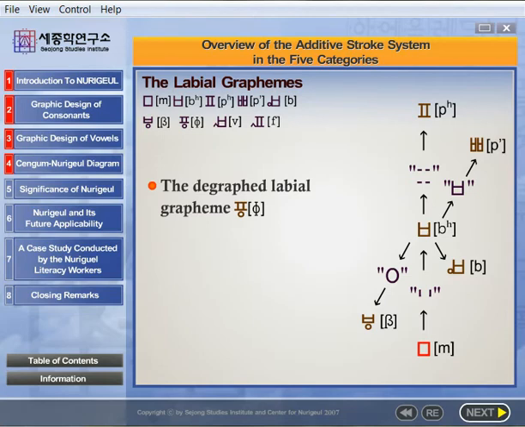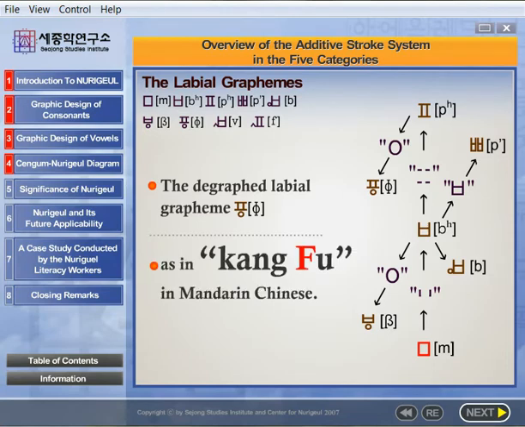The degraphed labial grapheme F is formed by adding the symbol of voiced sound below the harsh labial grapheme F, which weakens the sound. The sound is as in the second character in Gang Fu, Mandarin Chinese.